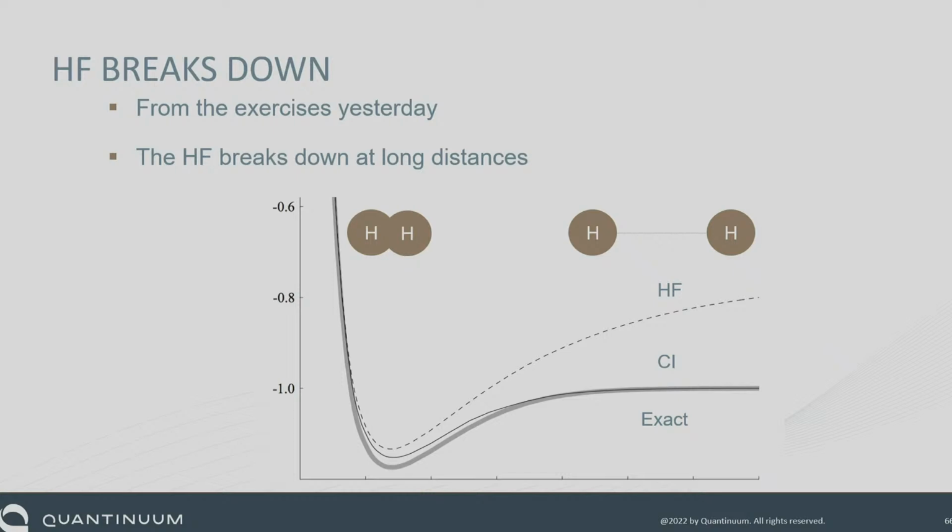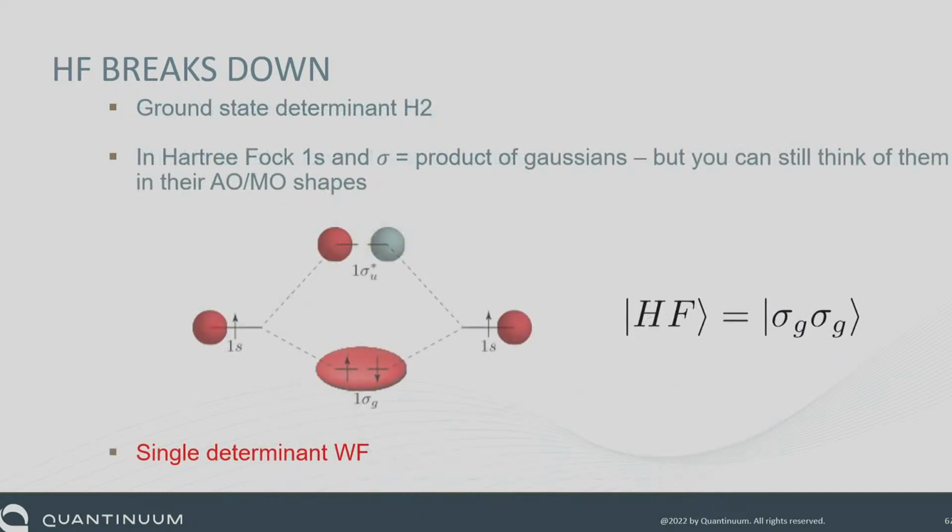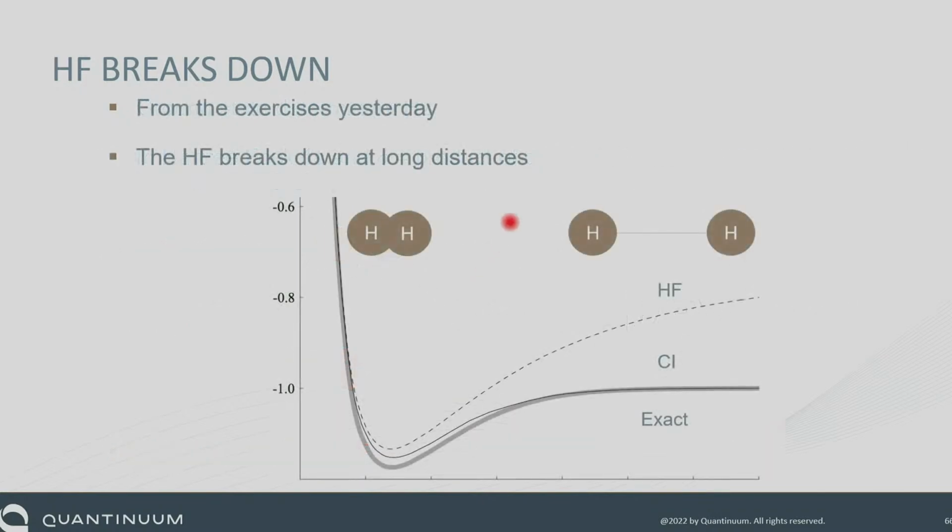There's this other method called configuration interaction. The exact here is the infinite basis limit. Very interesting: CI uses the same basis as Hartree-Fock, but it seems to get the dissociation limits correct. So what is configuration interaction?